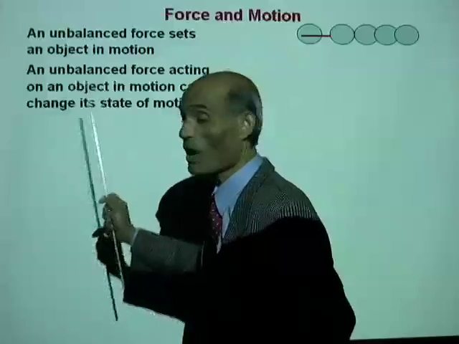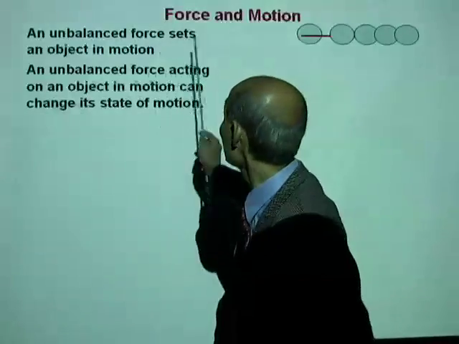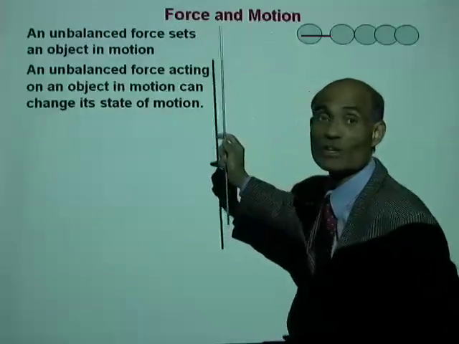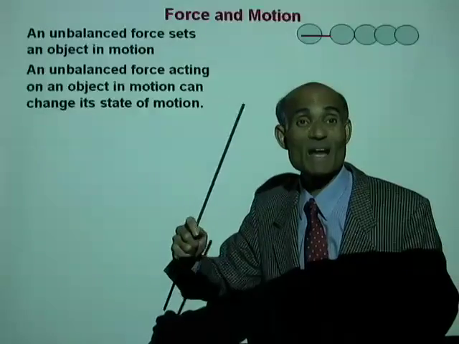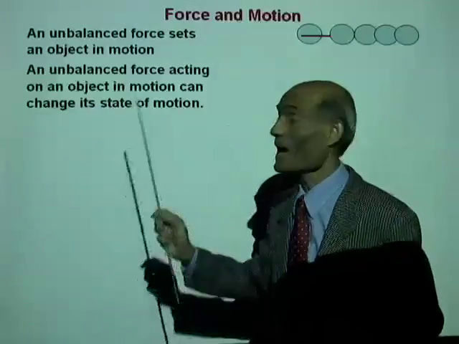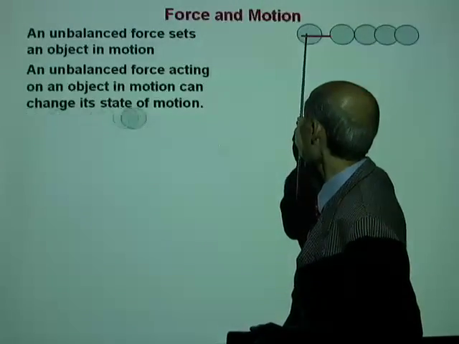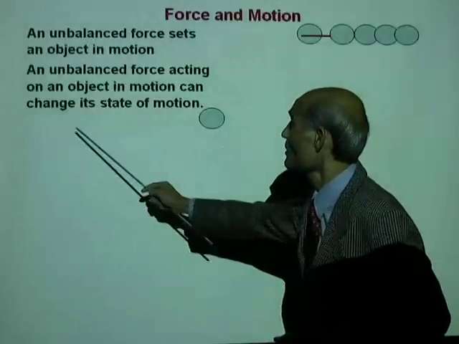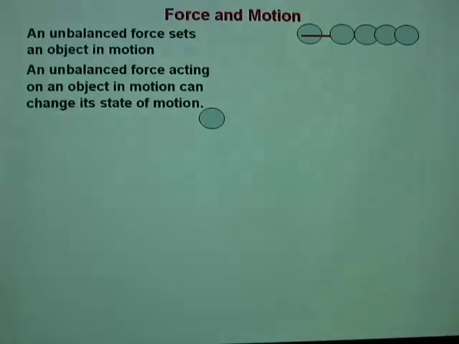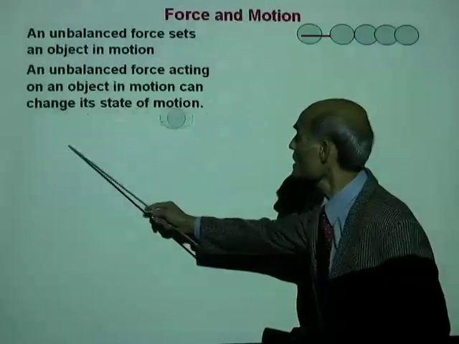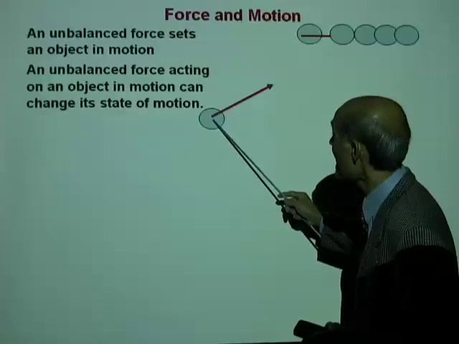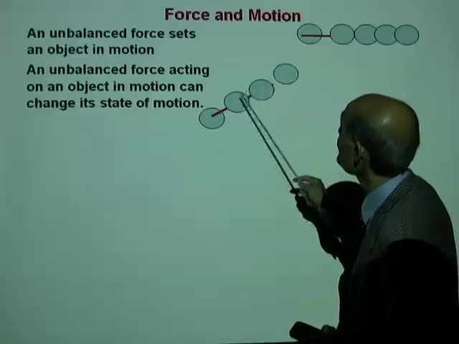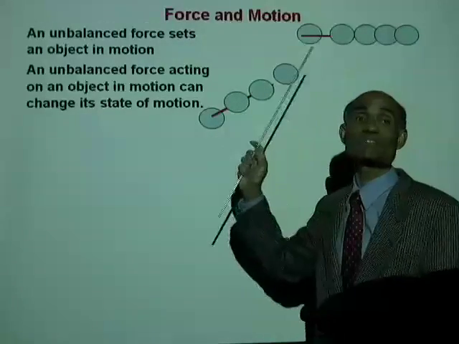So a moving object will continue in its state of motion unless there is an unbalanced force. An unbalanced force acting on a moving object. Now here you saw the object moving from the left. Well, I don't think you can see it. It is moving from the left, and unbalanced force now changes its state of motion.